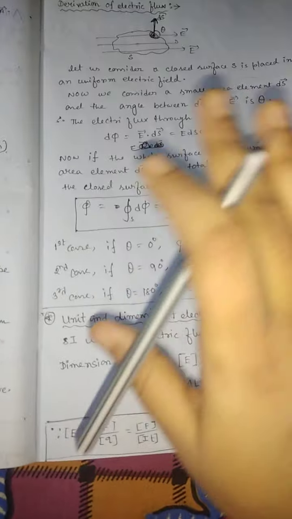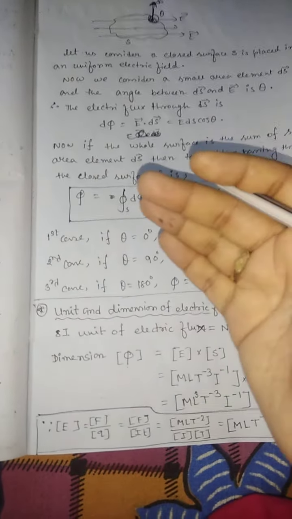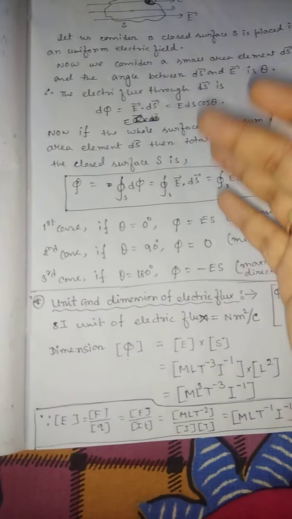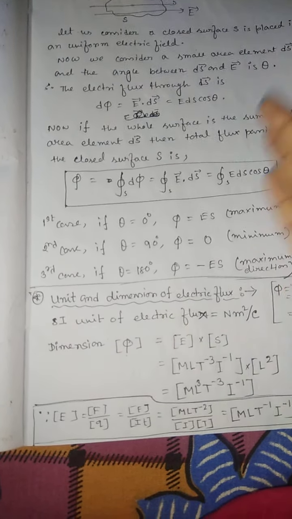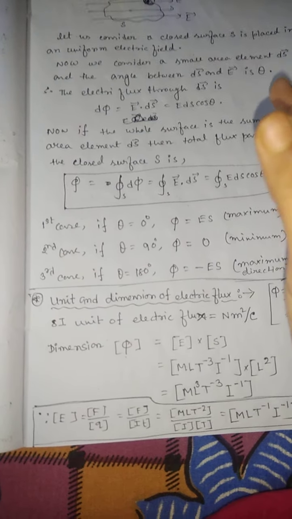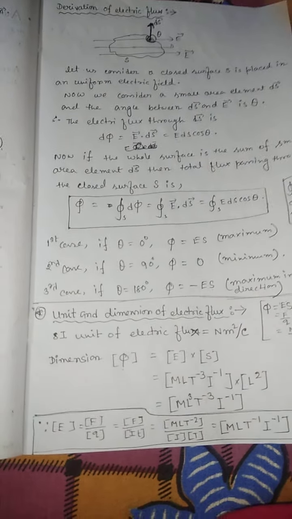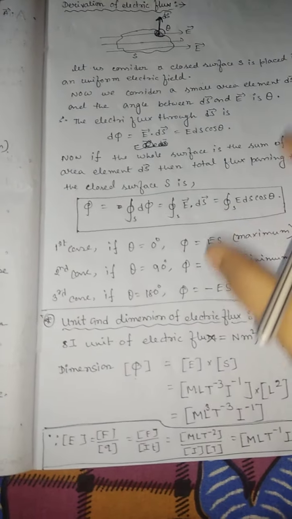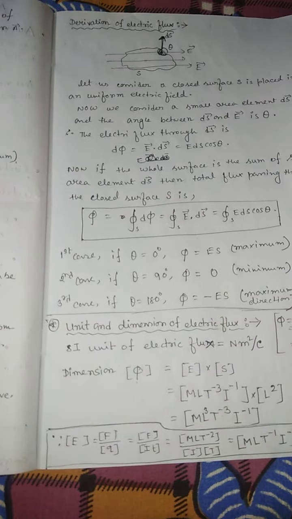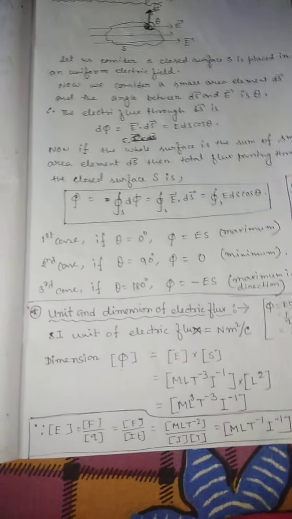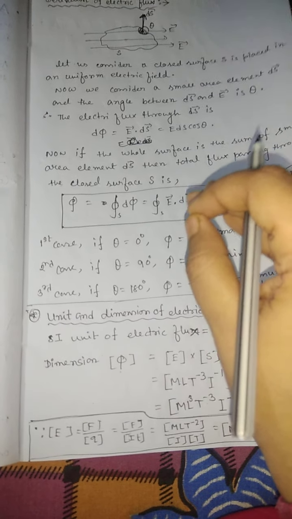So electric flux is nothing but the number of electric field lines linked with the given surface normally or perpendicularly, okay. The electric field lines linked with the surface perpendicularly are called the electric flux of that given surface, and it is denoted by phi, and it is a scalar quantity, okay.